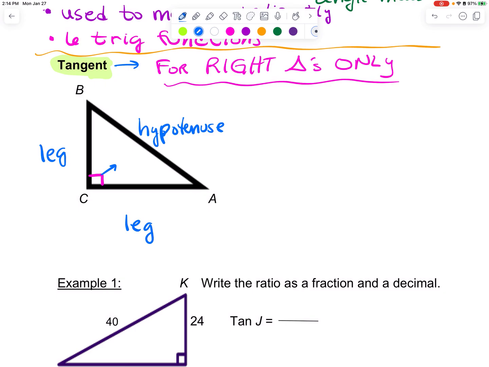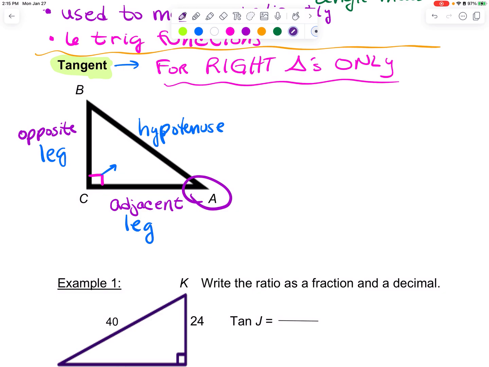They're different. So let's suppose we are standing at angle A. The leg that we are attached to is called your adjacent leg. The leg on the opposite side, which you're not touching, is your opposite leg.